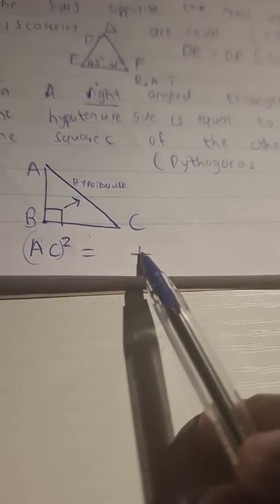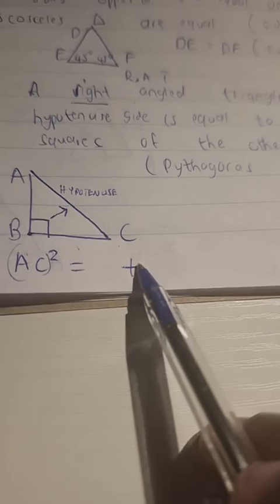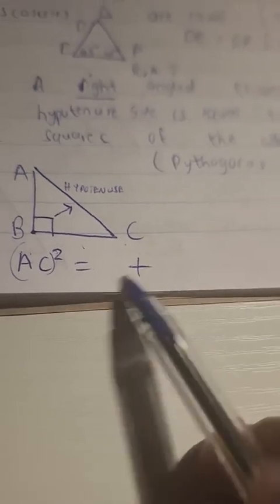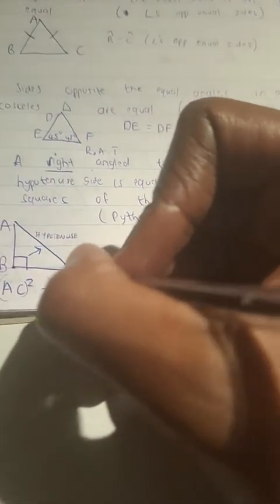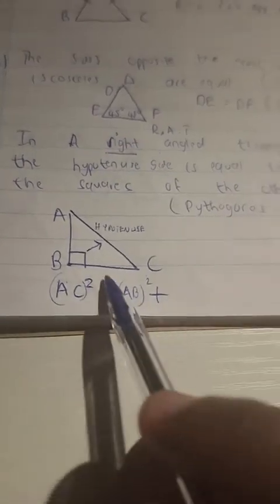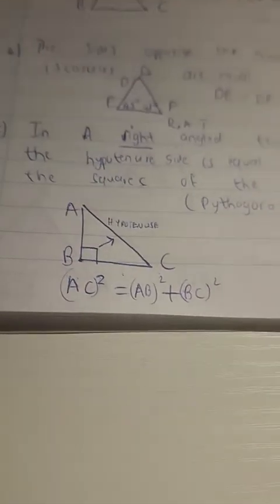So it's equal to the sum of the squares of the other two sides. What are the other two sides? We have AB, so we're going to write AB squared. And the other side is BC, BC squared.